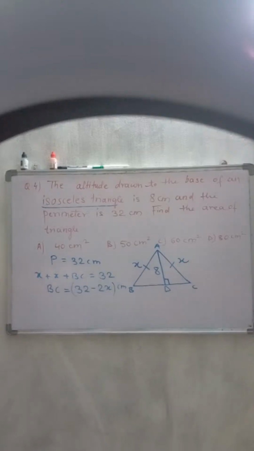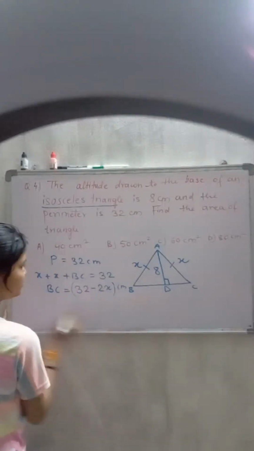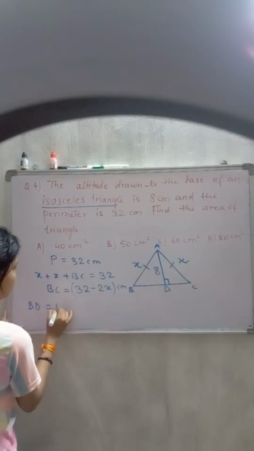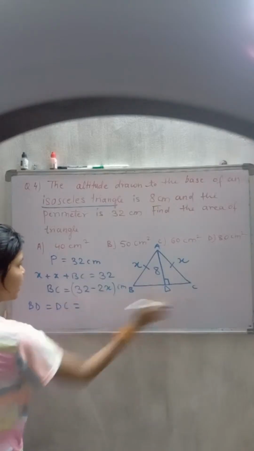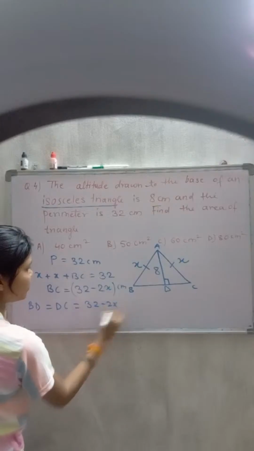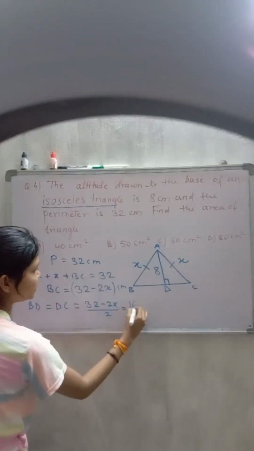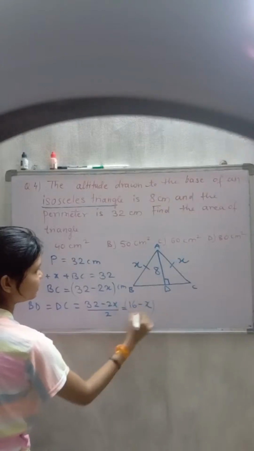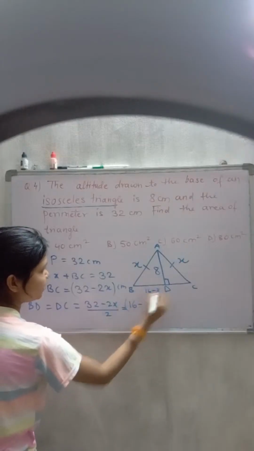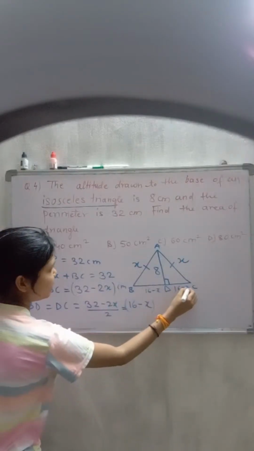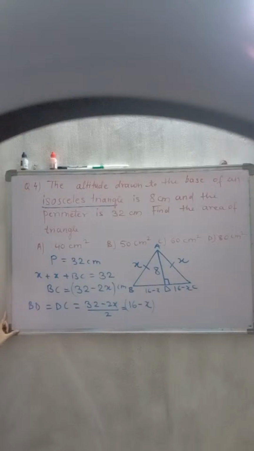Since the given triangle is an isosceles triangle, by the property of an isosceles triangle we know that the altitude bisects the base. So the length of BD is half of BC, which is 32 minus twice x by 2, equal to 16 minus x centimeter.